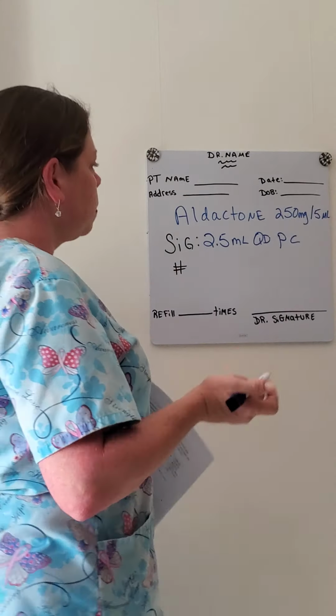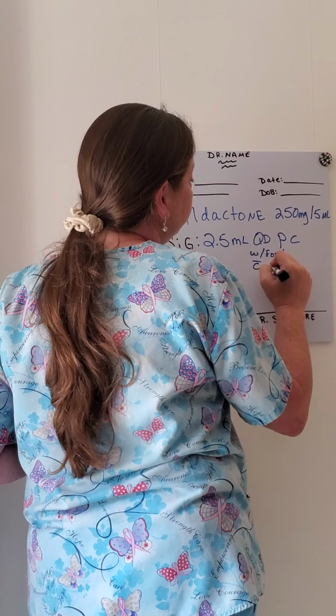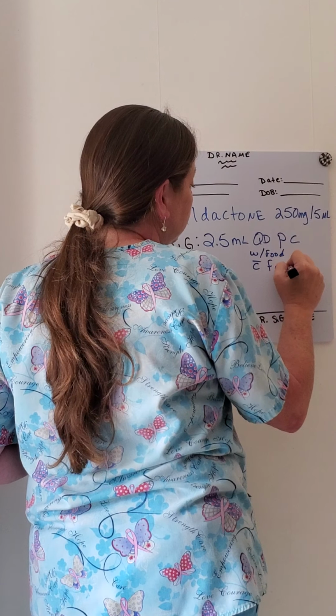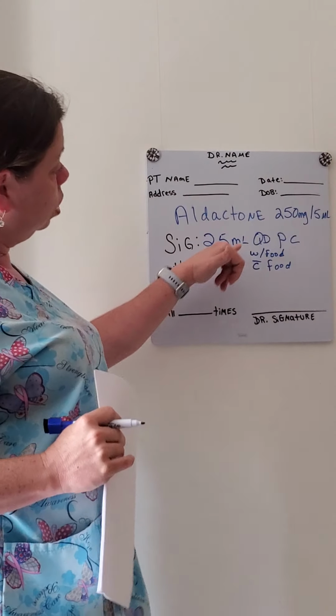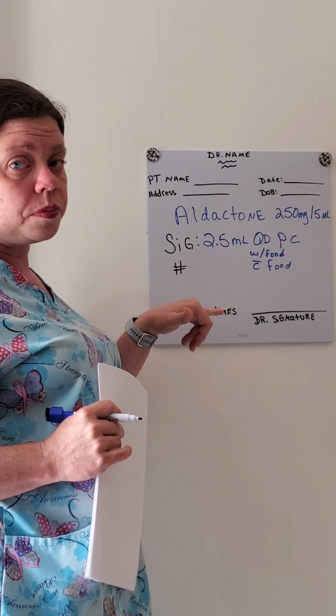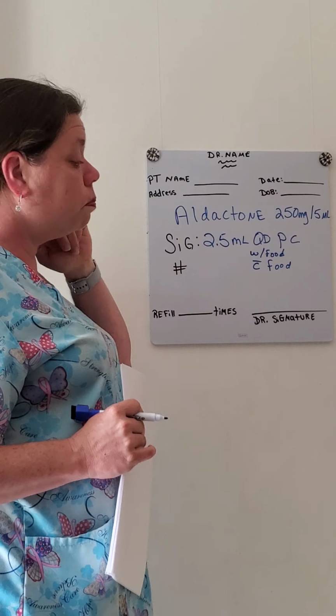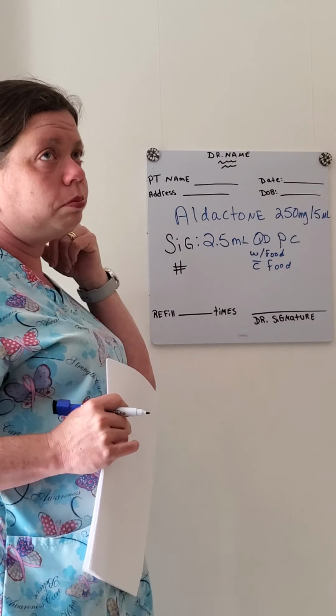You could also maybe see it written W/FOOD, with food, or you could see it as a C with a line over it, FOOD. Both of those could mean with food. However, most of the time for pharmacy purposes, it'll be PC, which means after meals.